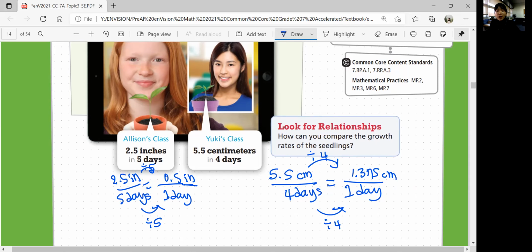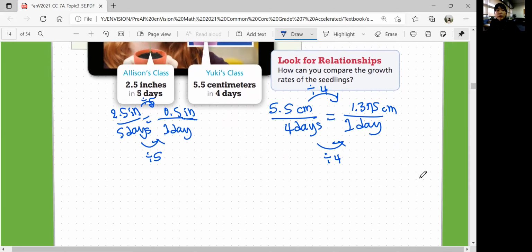Which one grows faster? Is 0.5 bigger or 1.375 centimeters bigger? Well, they're also in different conversion rates, right? They're in different dimensions. So is 0.5 inch bigger or 1.375 centimeters bigger?